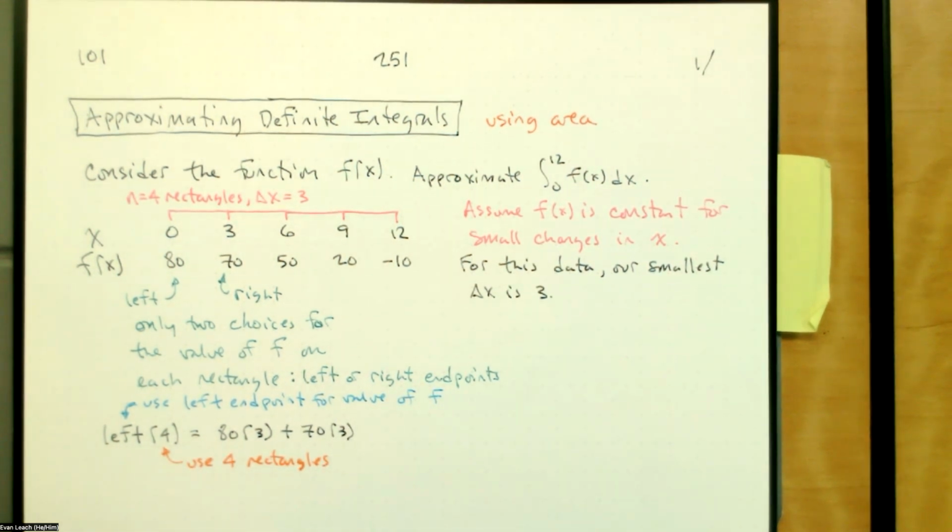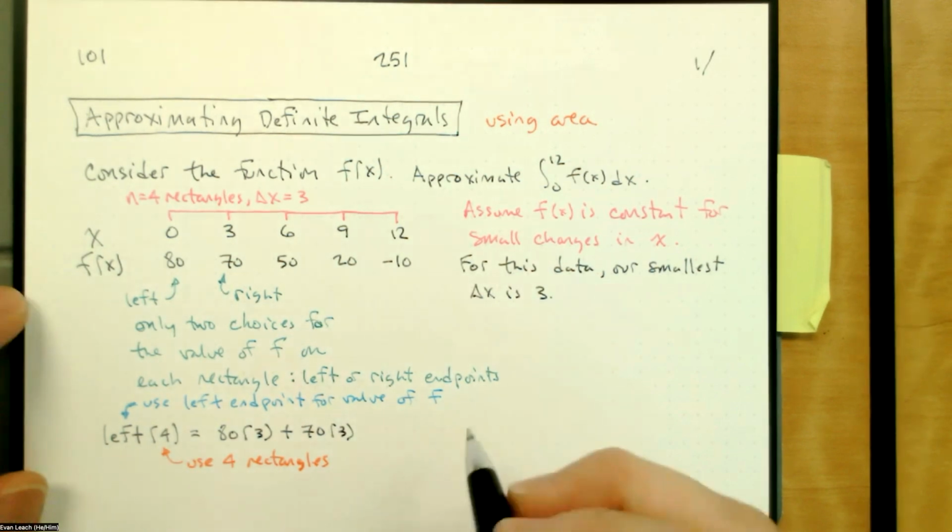We're just imagining that instead of decreasing smoothly from 80 to 70 in whatever fashion it does, we're just going 80 and then immediately dropping down and doing 70. Then we'll immediately drop down and do 50 and so on.